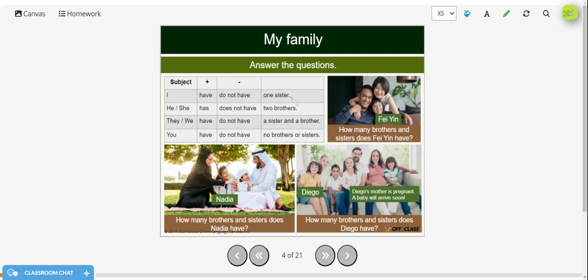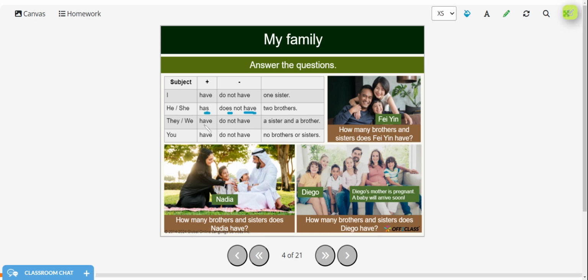So the one thing to notice here is in the positive, the S goes on the verb has. But in the negative, the S goes on the does, and so then we don't need it on the verb. So he does not have two brothers.